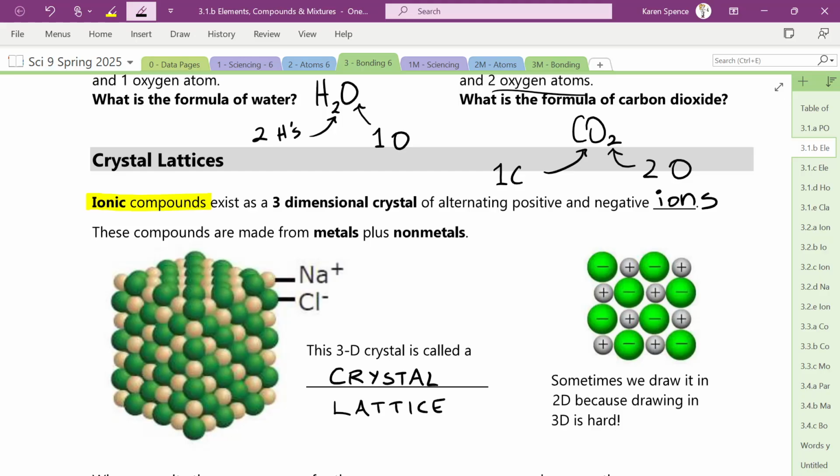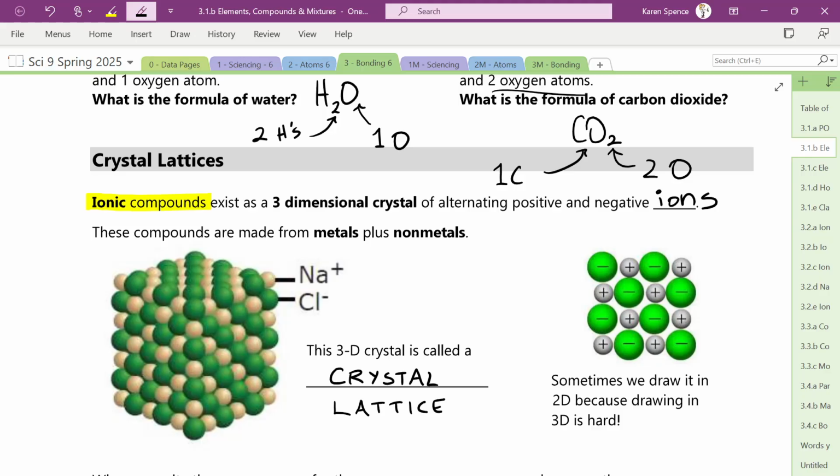Now, I don't know about you, but I would probably have trouble drawing this crystal. 3 dimensions looks really complicated. But what if we took just one slice? Could we draw one slice of it? So if I ever ask you to draw a crystal lattice, you just need to draw one slice.